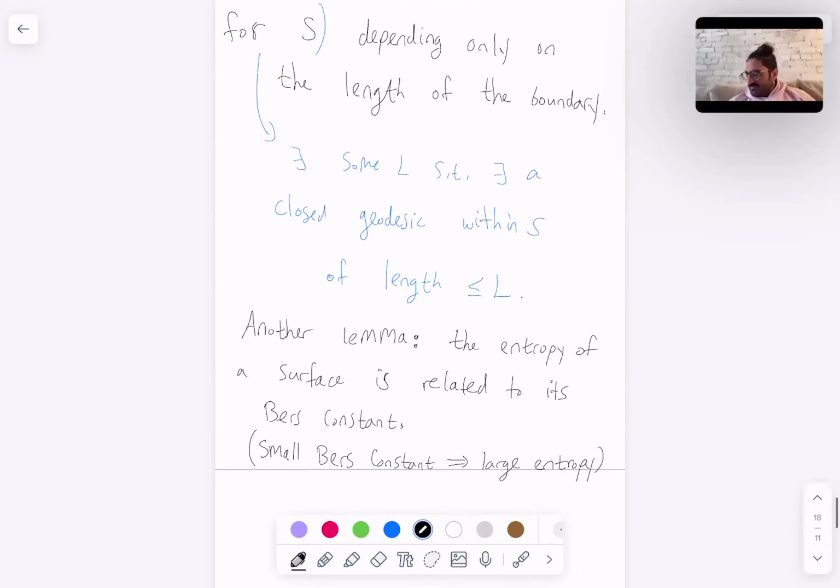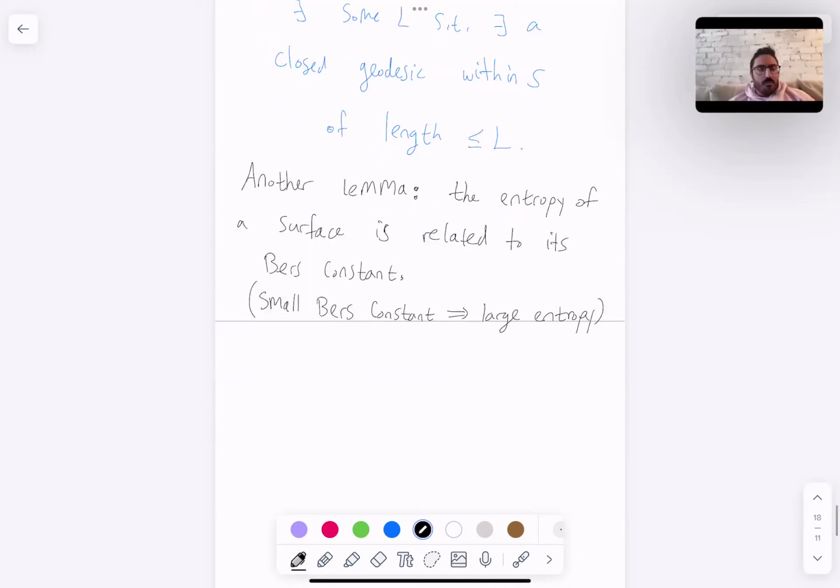So let's now put all of these facts together to prove a theorem.